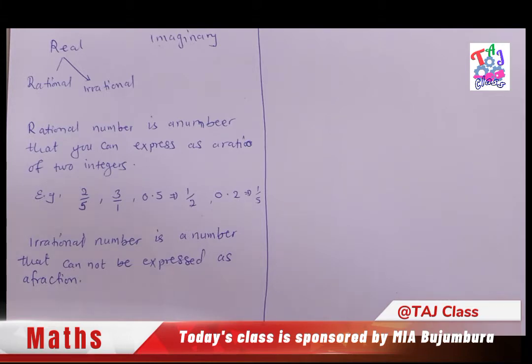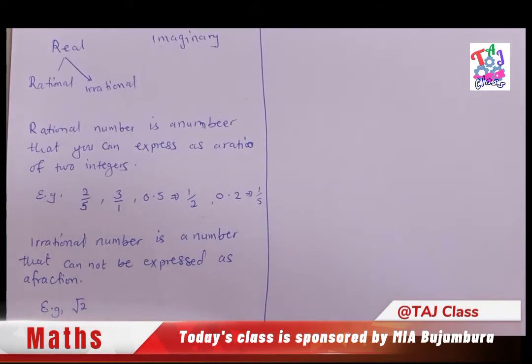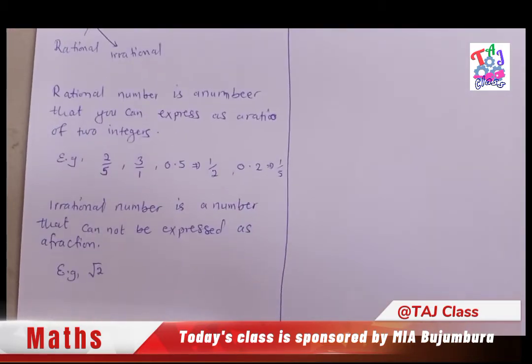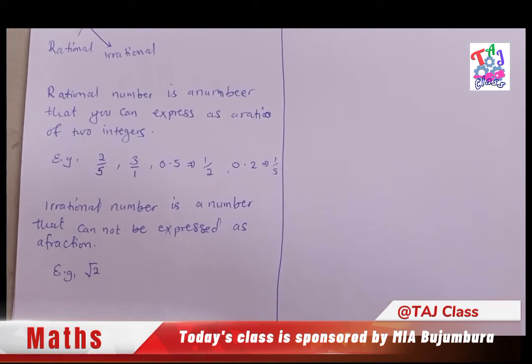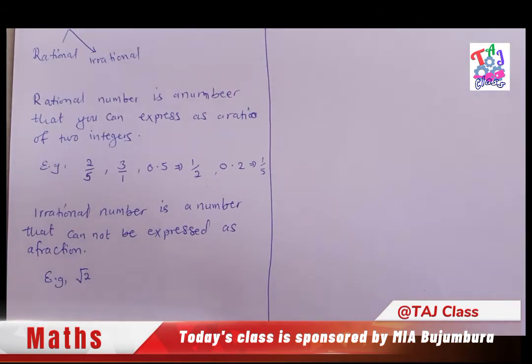Now, an example under this will be the square root of 2. The square root of 2 is an irrational number. Why? When you press on your calculator to find the square root of 2, you'll find that it gives you figures like 1.4142 continuous.